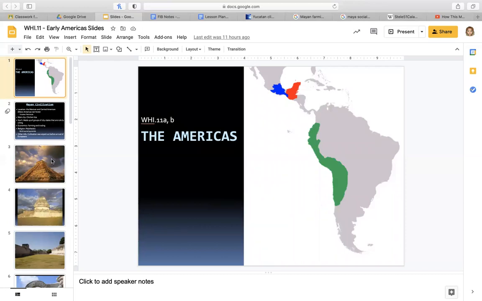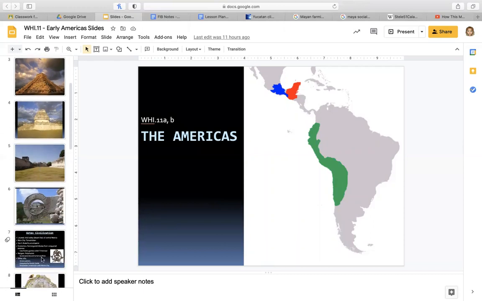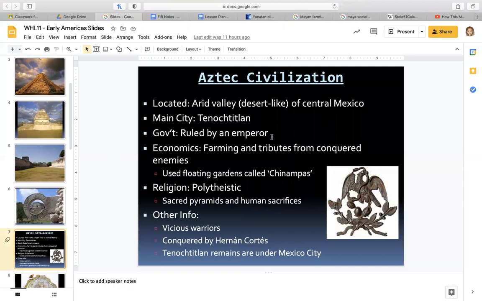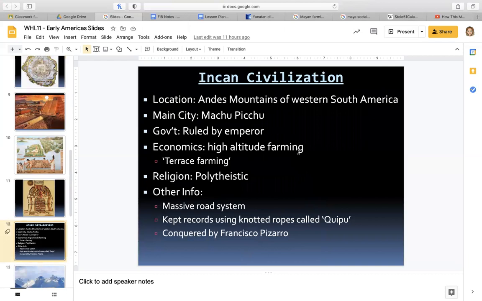So in 1438, a skilled warrior and leader proclaimed himself Sapa Inca, the emperor. So their government is ruled by an emperor. Small kingdoms at Cusco in a high mountain valley. He set out on a campaign.